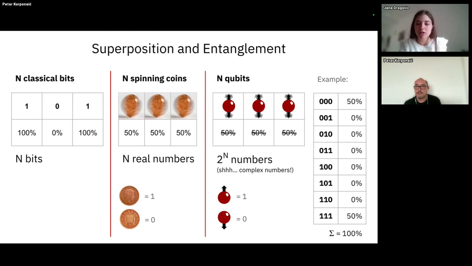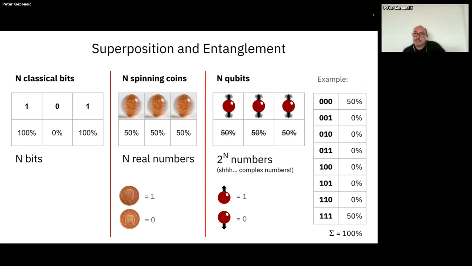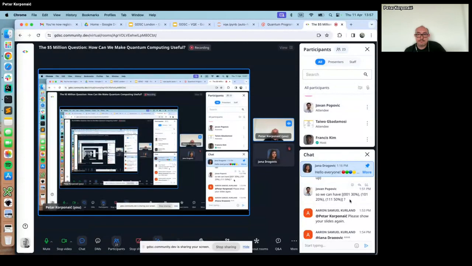So that's a question, and people probably would like to look at the previous slide one more time to clear up their picture. Yes, Jovan, we can have that state. We can have any state you can imagine, as long as the total sum of all outcomes is 100%. I hope that it answers the question.